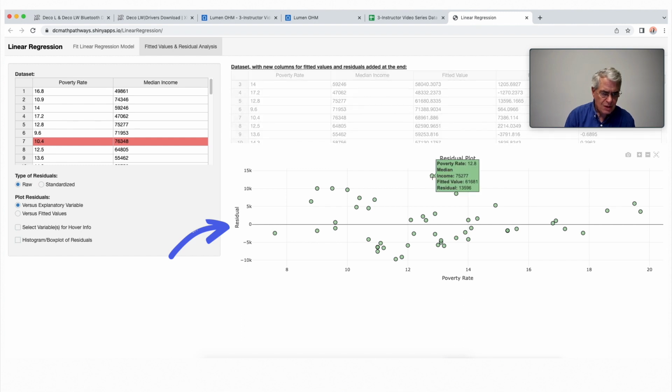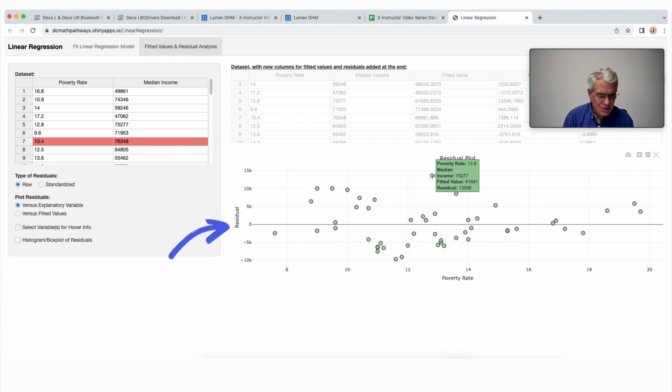This one, the poverty rate of 12.8 and a true income of 75,277, the predicted value was 61,681. The residual is 13,596. That's a lot different than the residual of $315. This residual is $13,596.